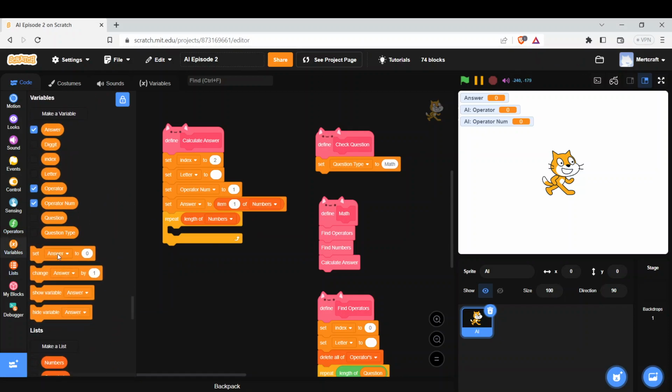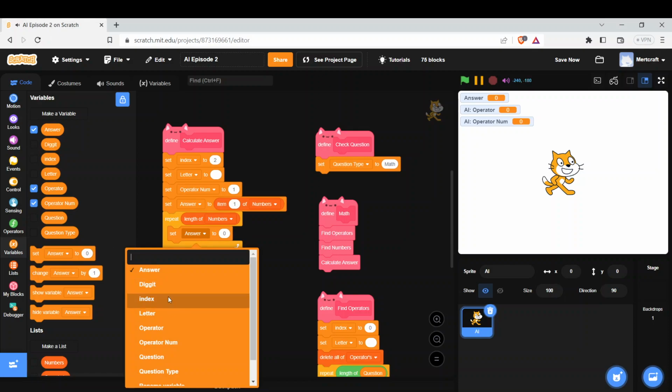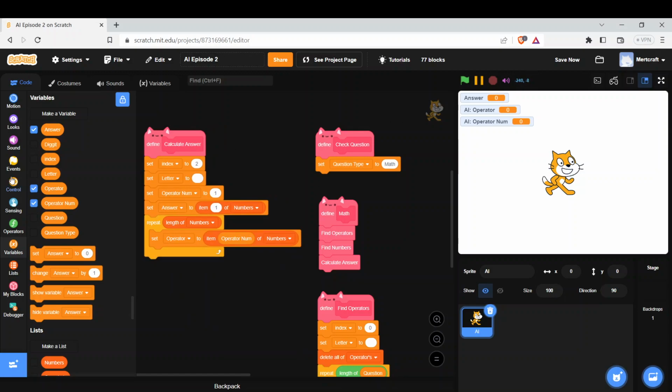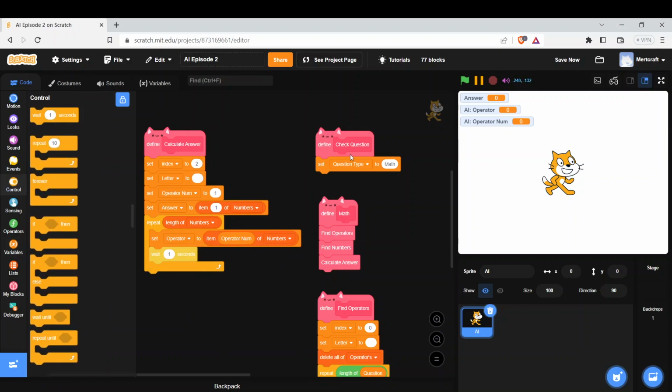So set operator to item operator num of numbers. And let's put a wait 1 second. And if we now say 6 plus 6 minus 3, the operator should first be set to plus and then minus. Let's check it.